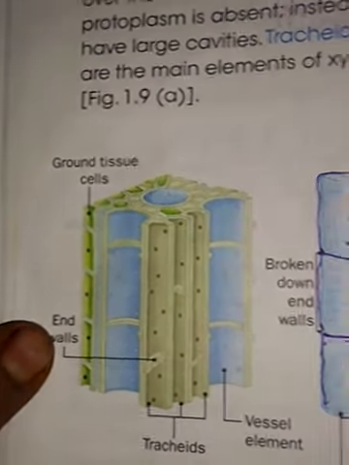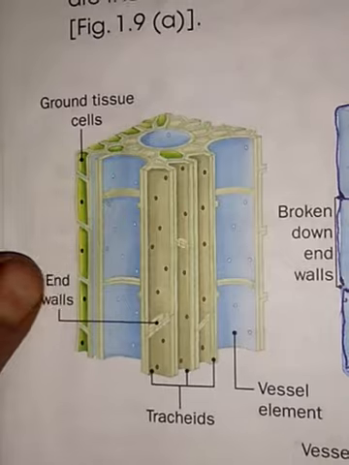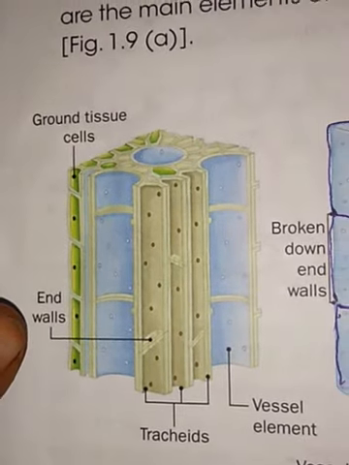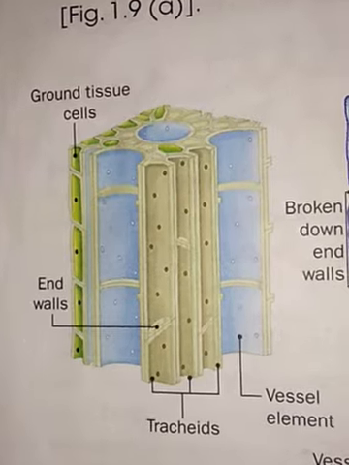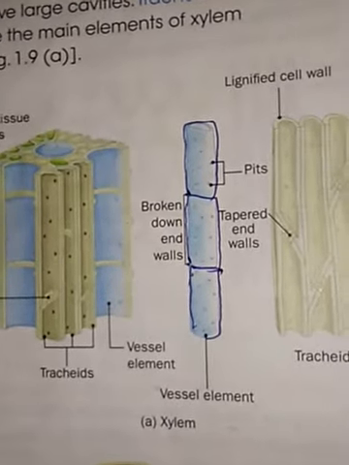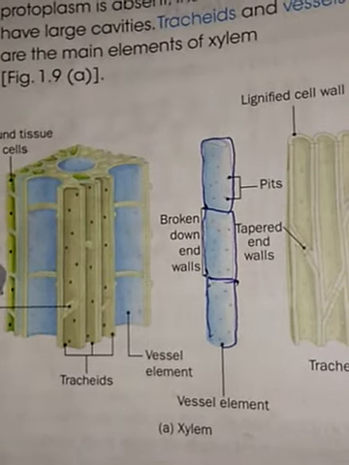And the cell wall is thick. The cell wall, how is it present? Thick. The thick form of cell wall is called lignin.